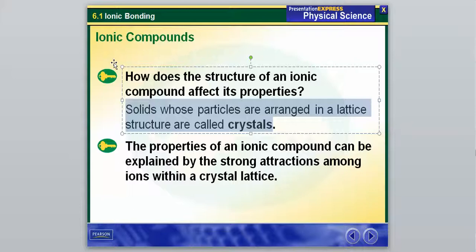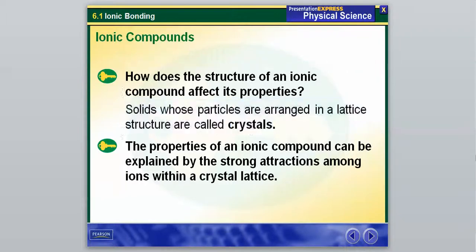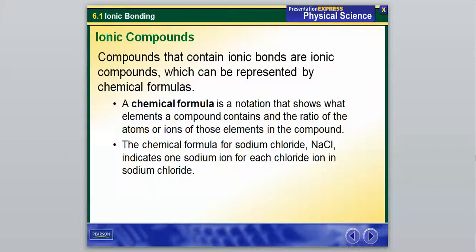The reason properties are the way they are is because of how they're arranged in a crystal lattice, which gives them very strong attractions. We'll see an example of that in this video or maybe the next. Compounds that contain ionic bonds are ionic compounds, and they can be represented by chemical formulas.